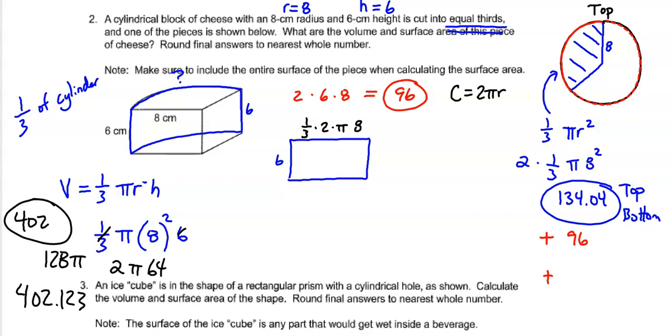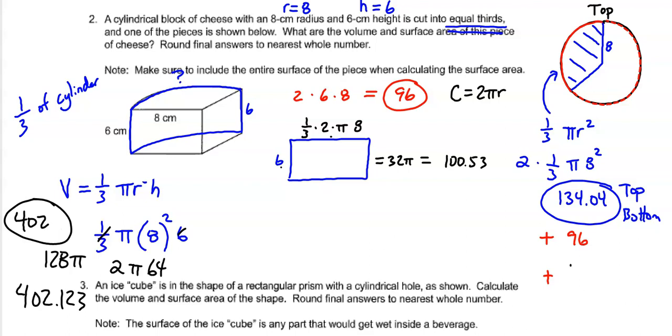That one's actually not too bad, because when I multiply base times height, the 6 and the 1/3 are going to cancel. So that's going to be 2 times 2 is 4 times 8. That's going to be 32 pi, which is about 100.53.